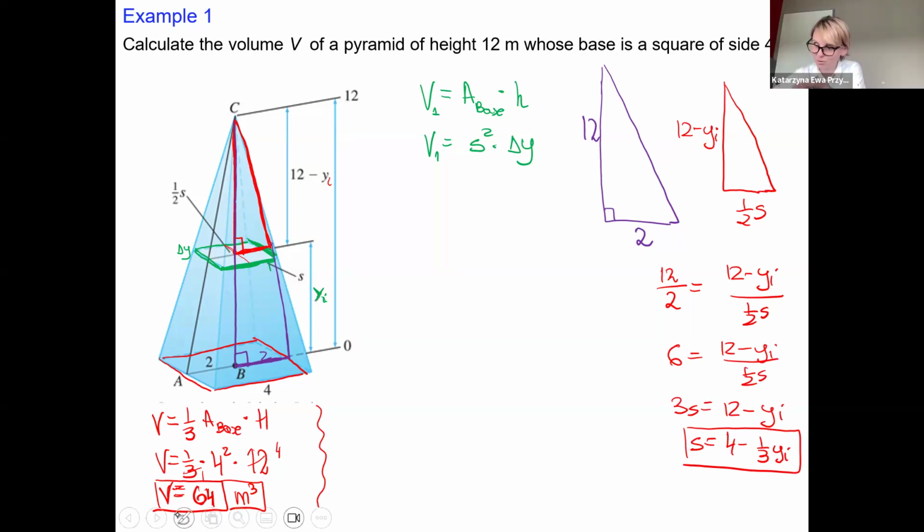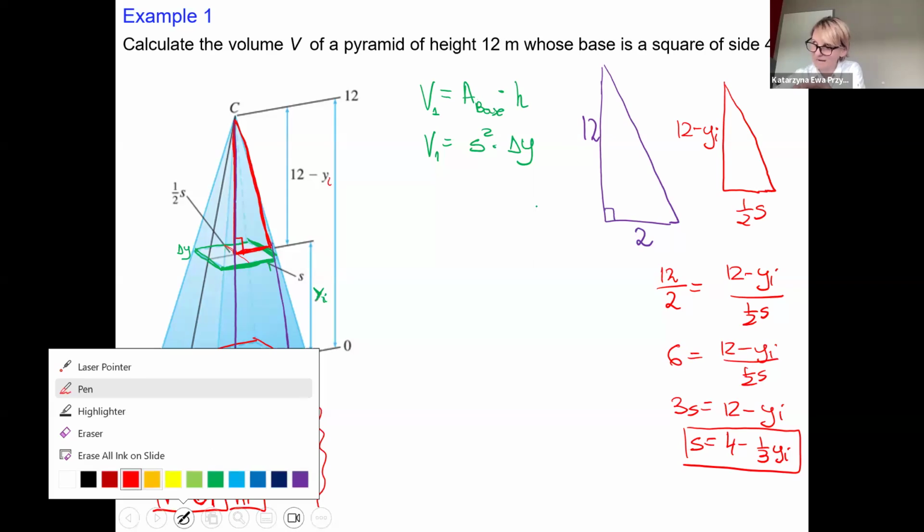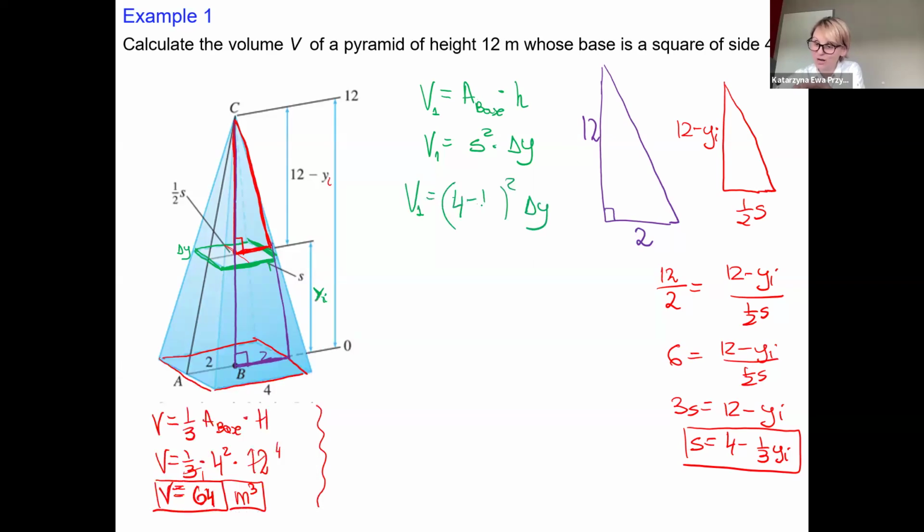We can say the volume of this one slab will be S squared delta Y. And S is defined as 4 minus 1/3 Y sub I. Perfect. And now when we want all of them, we can have just summation from 1 to n, because we have Y sub 1, Y sub 2, like for every single level, squared delta Y. And this will still be an approximation.